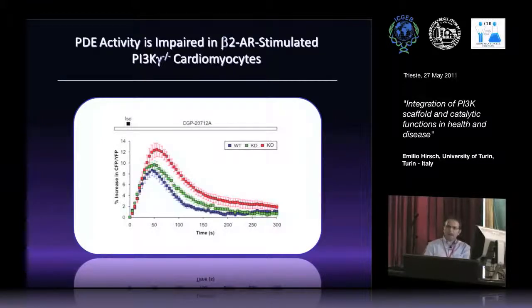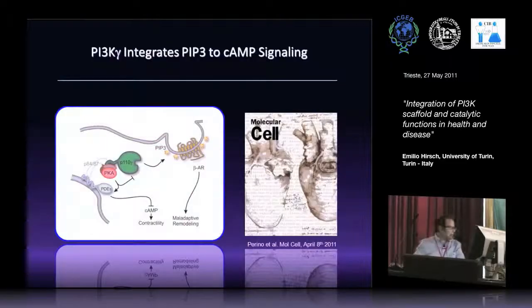And we think that accumulation of this cyclic AMP in our cardiomyocytes is the reason for this tremendously strong phenotype we detected in the knockout. So basically, the model is the following. We have a PI3 kinase gamma that is a scaffold protein. I told you about it, but it's also a kinase. We have a crosstalk between 2 pathways, the cyclic AMP pathway and the PIP3 pathway.